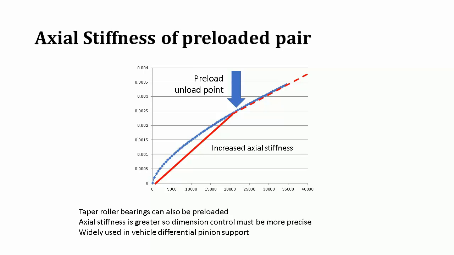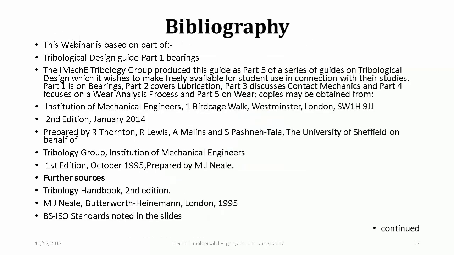I have here a short bibliography. First, I need to refer to the Tribological Design Guide Part 1 Bearings, which is published by IMechE and continues to be available. That was prepared by several of my colleagues in the Tribology Group and derived from an initial edition that was published in October 1995.